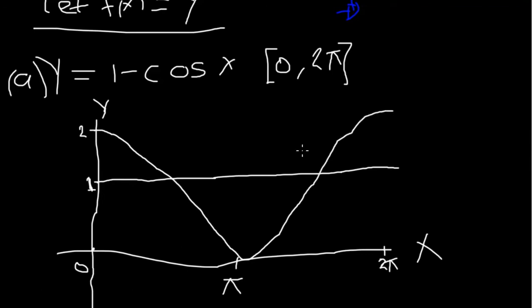So now this is how my graph is going to come out. This point here is pi over 2, we all know that, I'm assuming we've learned from what I just taught some minutes ago. And then this one is 3 over 2 pi.